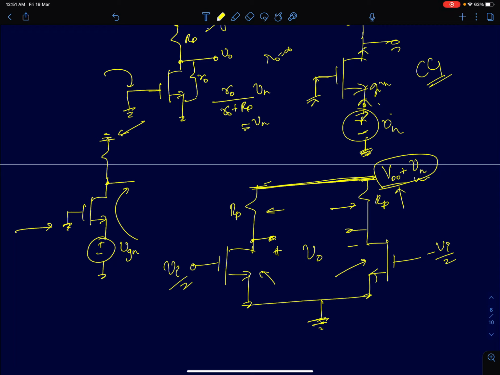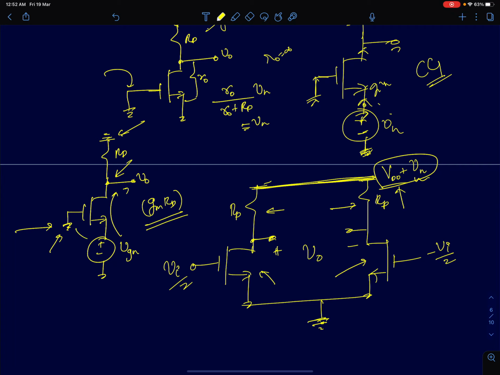Now if you see here, from this ground to the output, it's a common gate configuration. Gate is at ground, drain is the output, and input is at the source. Therefore, the transfer function from here to here will simply be Gm times RD. I've assumed R0 is infinity, otherwise it will be slightly less than that. But if you directly calculate it, assuming R0 as infinity, it's going to be Gm times RD.